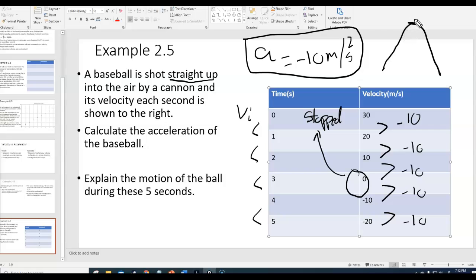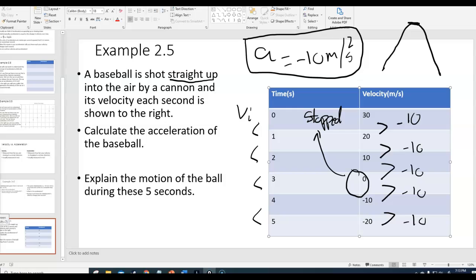At the highest point, it stops moving. For a split second, it just stays there in the air, turns around, and then starts to come back down. And as it comes down, it goes faster and faster. That's why you see the numbers start to increase after that. It goes from -10 to -20, -30, -40. So that's how you would explain the motion of the ball during these 5 seconds.